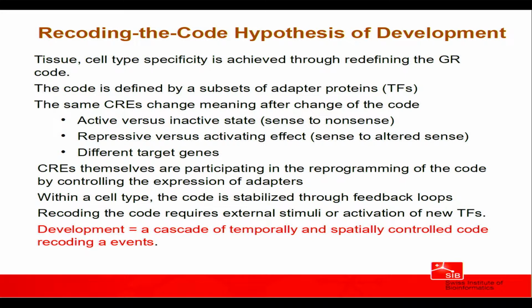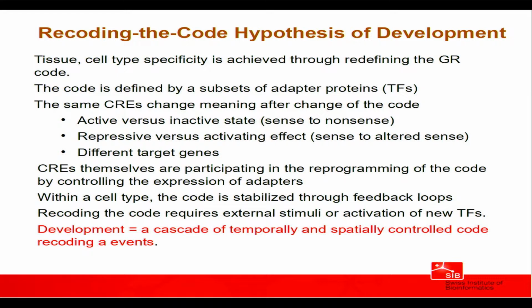There are over 1,000 transcription factors, and maybe only 100 are active in a given cell type. The same CREs then change meaning after the change of the code by changing from an active into an inactive state, repressive versus activating effect, and also by acting on different target genes.